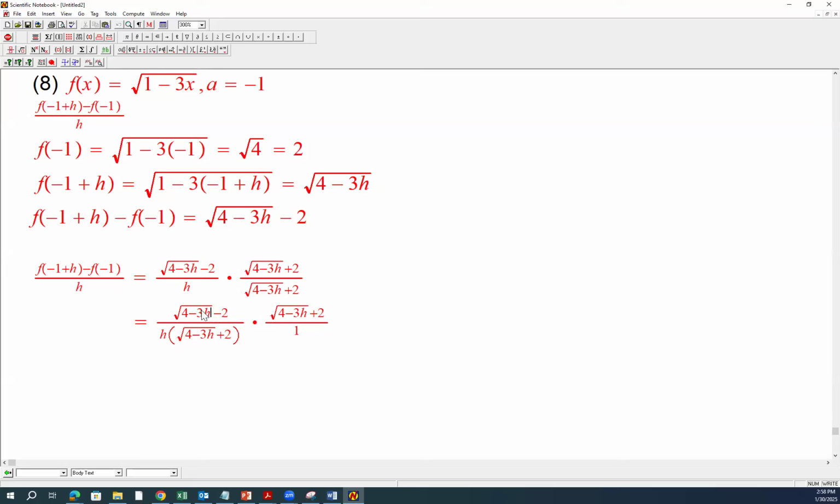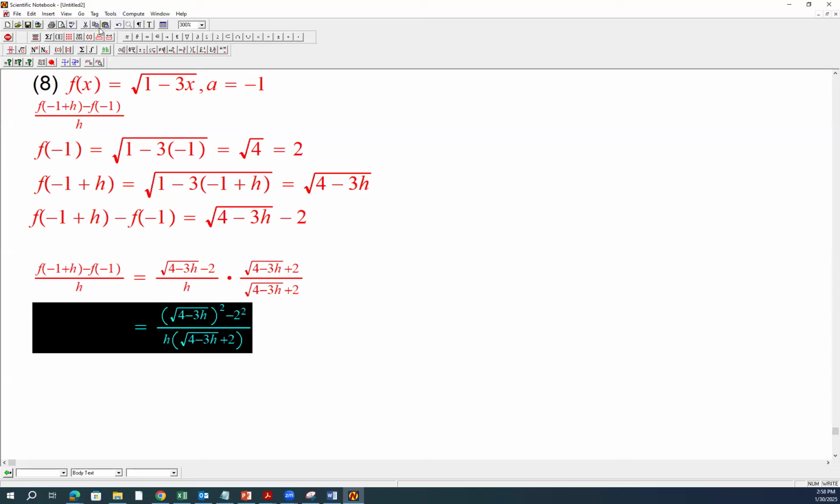Numerator times numerator, we have a conjugate, a minus b, a plus b, right? So in the end, we get a squared minus b squared. I hope everybody follows me. That's the numerator times the numerator. And then keep going.